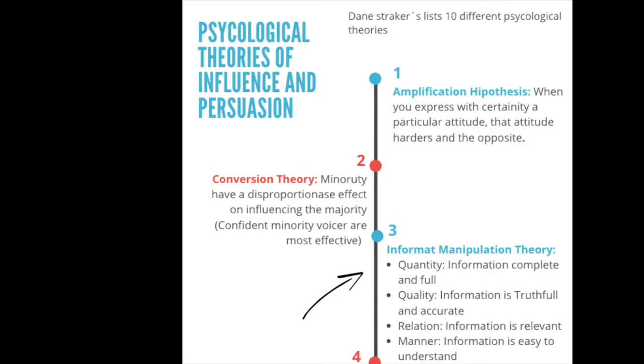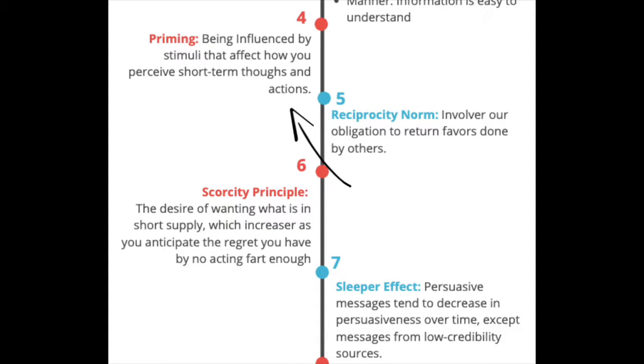Quality is that information needs to be truthful and accurate. Relation is that the information needs to be relevant, and manner is that the information needs to be easy to understand.